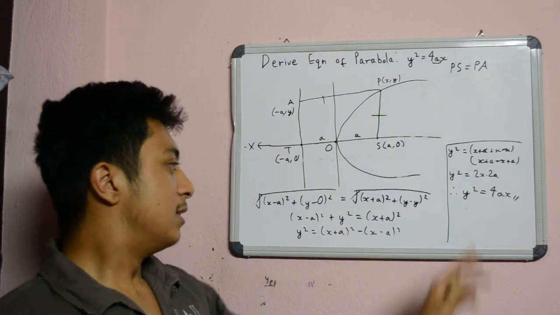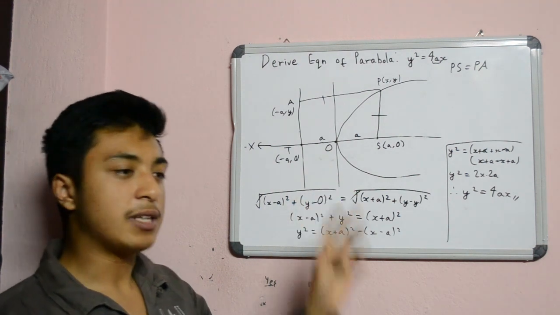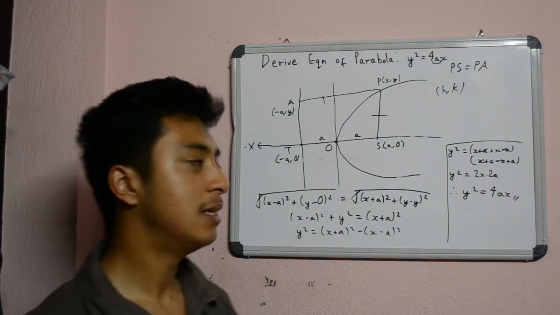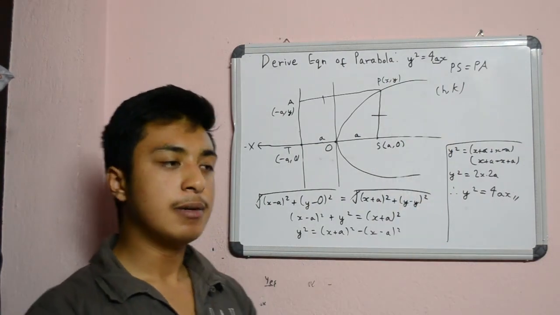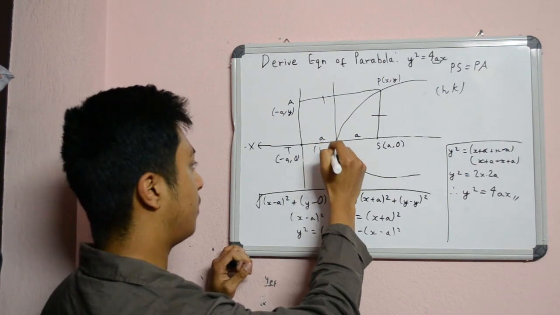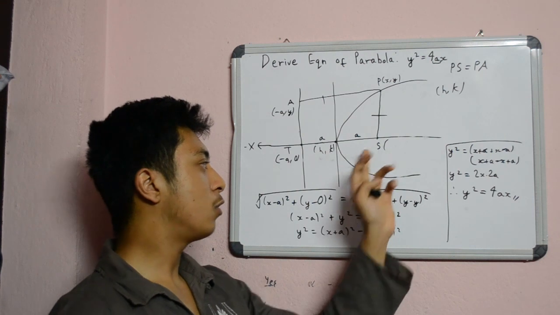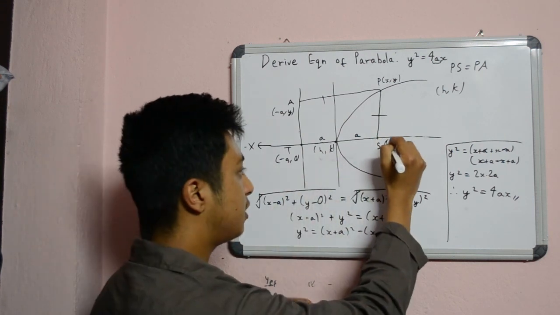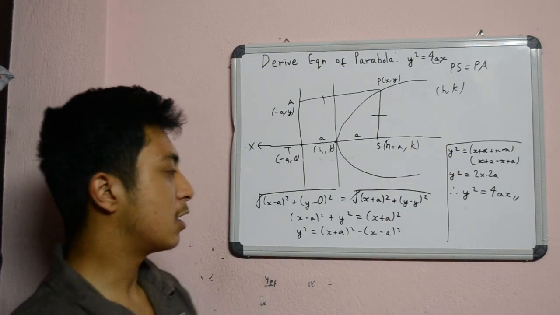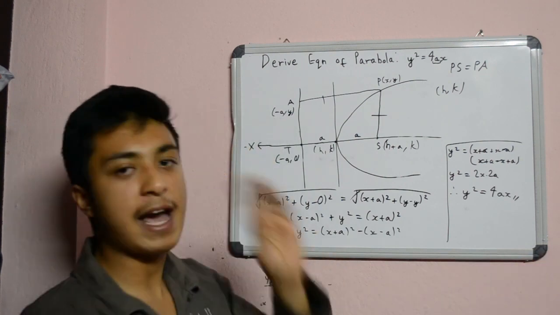Now, this is for when the vertex is at 0, 0. But what if it's not at the origin? What if it's at the point h, k? Well, you can try this on your own, but I'll give you a hint. Suppose this is h, k, and we have also traveled a distance of a. The coordinate of the focus will be h plus a, k, because from the point h, we have traveled a distance a, so it will be h plus a.